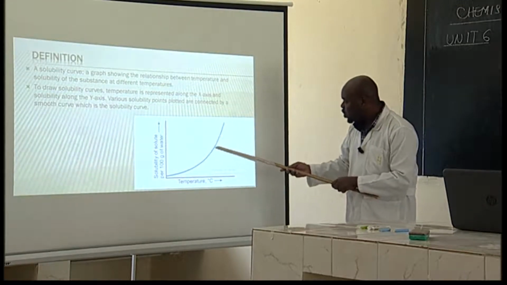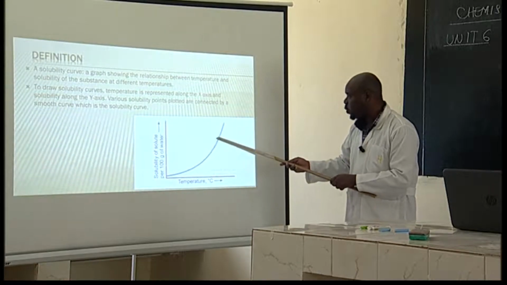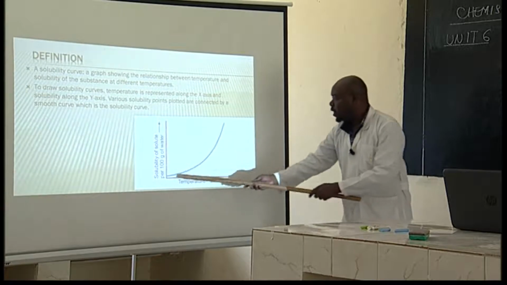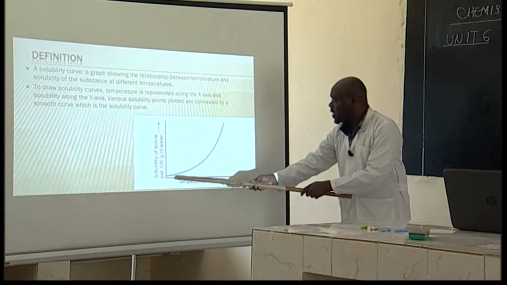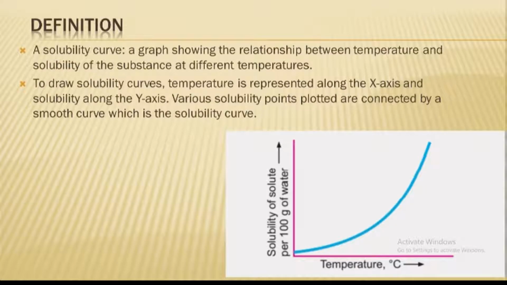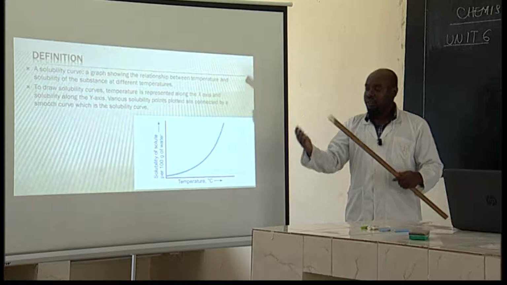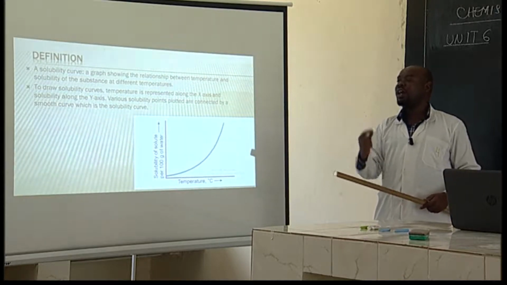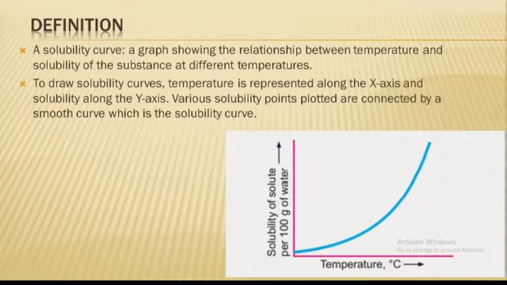At another, higher temperature, we will have a higher solubility. So the solubility is increasing as temperature increases. That is the reason why we have a curve which looks like this. So we always connect 2 values to get a point, and after getting enough points, you can connect them to get a curve we call a solubility curve.